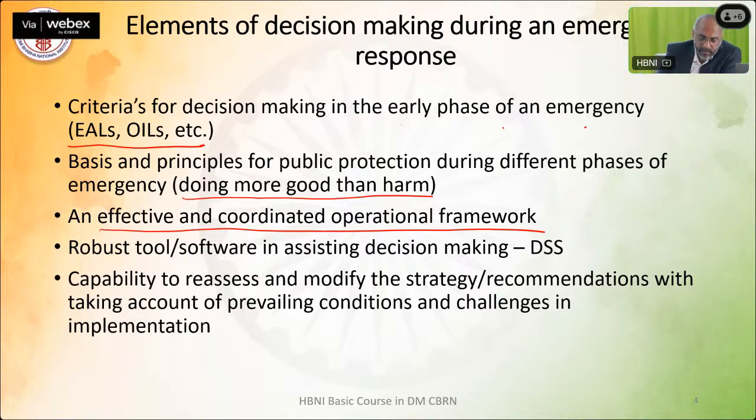And next are robust tools and software assisting the decision making process. We call this a DSS, a decision support system. You should evolve a decision support system that helps you technologically in predicting many things.